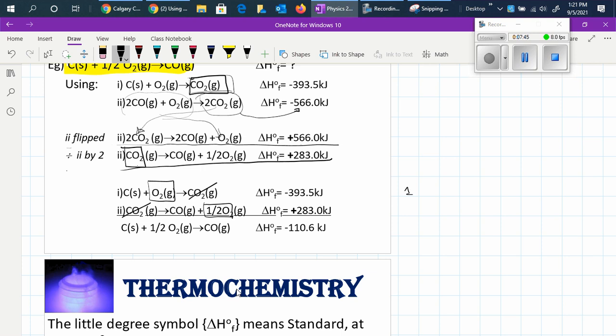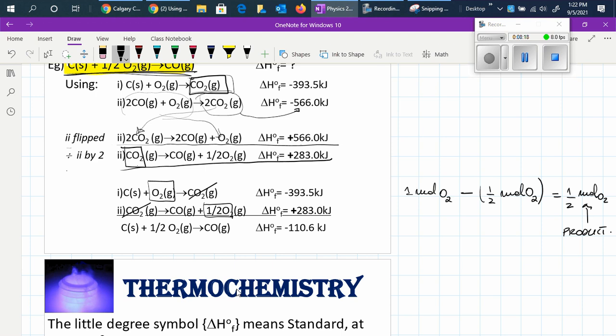So 1 mole of oxygen in the reactant minus half a mole in the product gives us half a mole of oxygen on the reactant side, which is what we had in our focus equation.